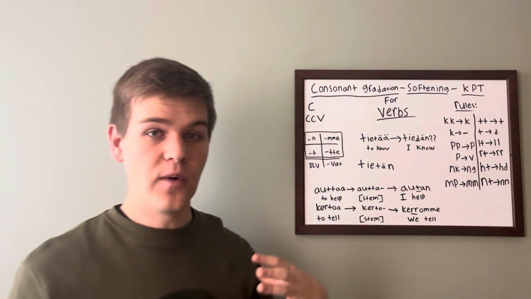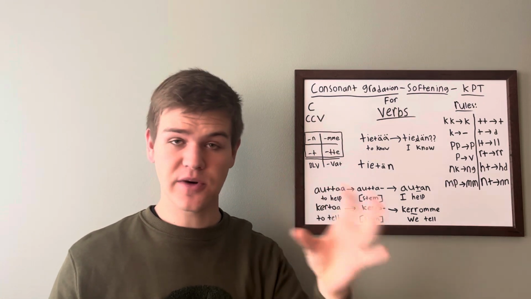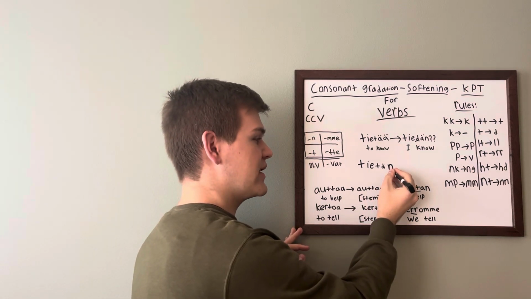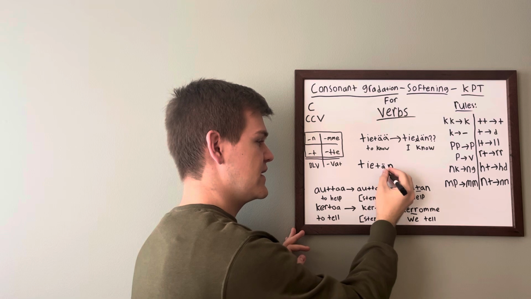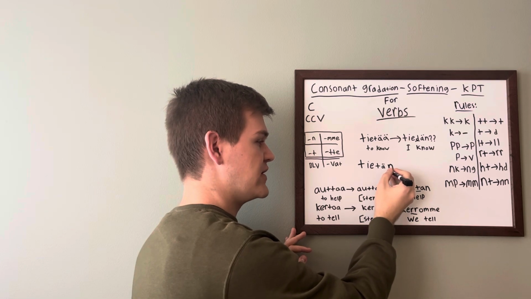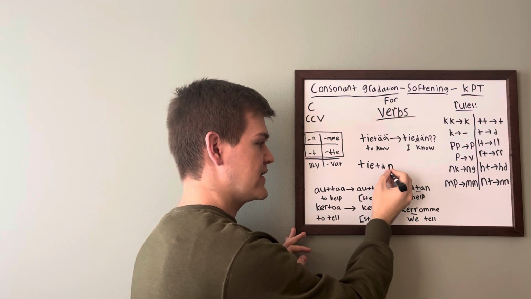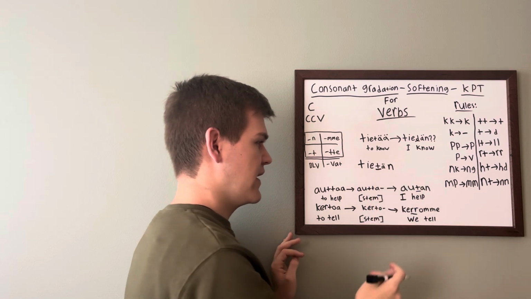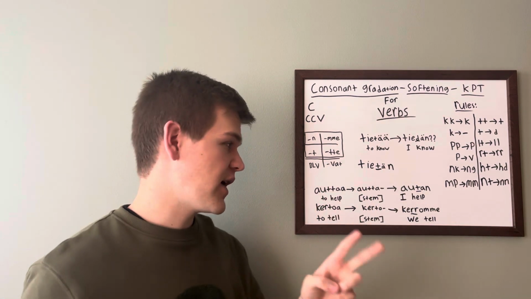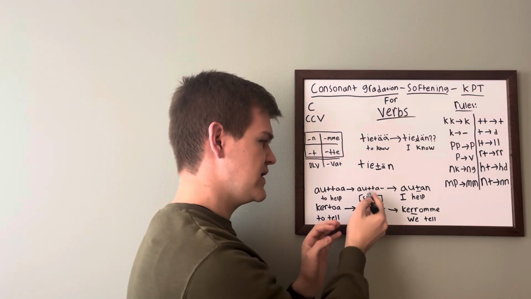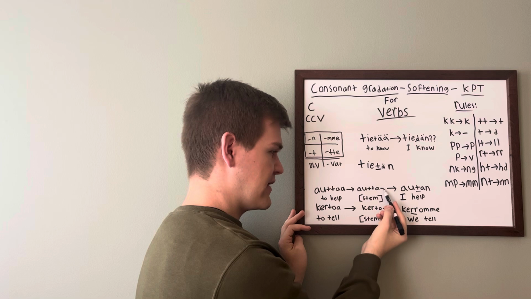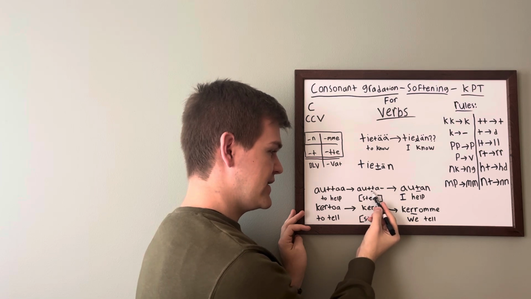So how to know which consonant we're going to change is we can look at our ending and then look at the first consonants that come if we just go left from the ending. So in this one, A is not a consonant, but T is a consonant. Now it can be a group of consonants. We'll use these examples in a minute, but we can see in this one, if we added an ending right here, we'd have TT.